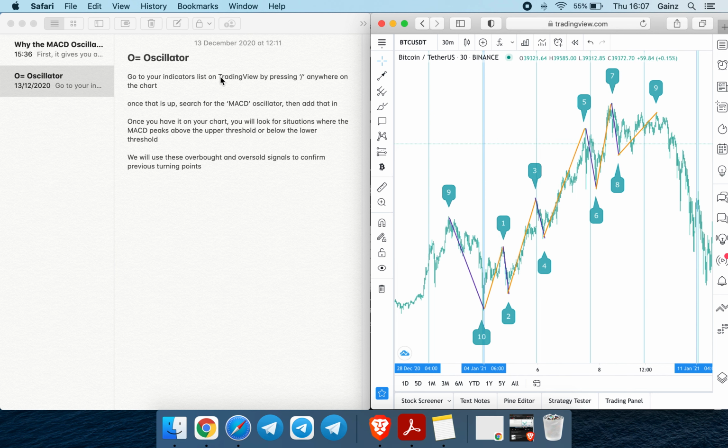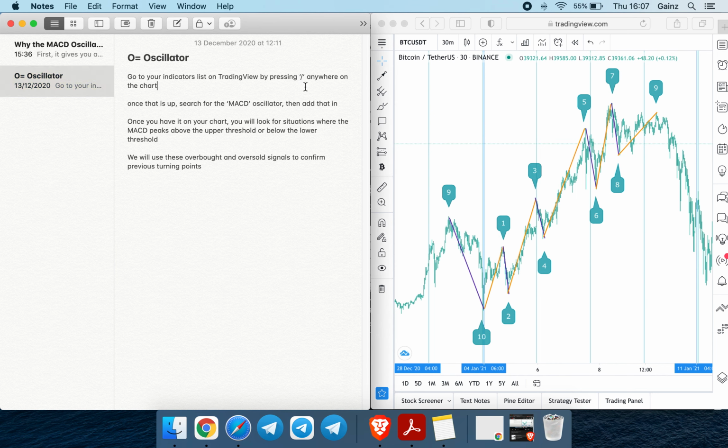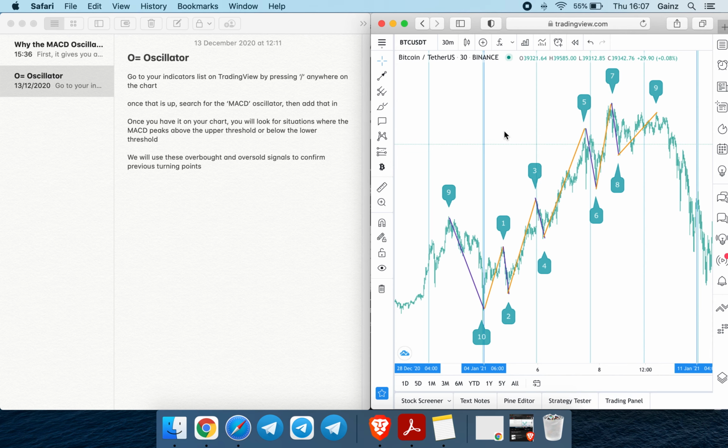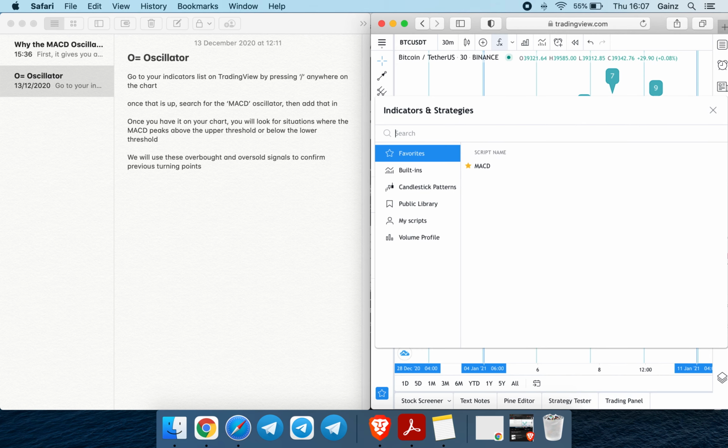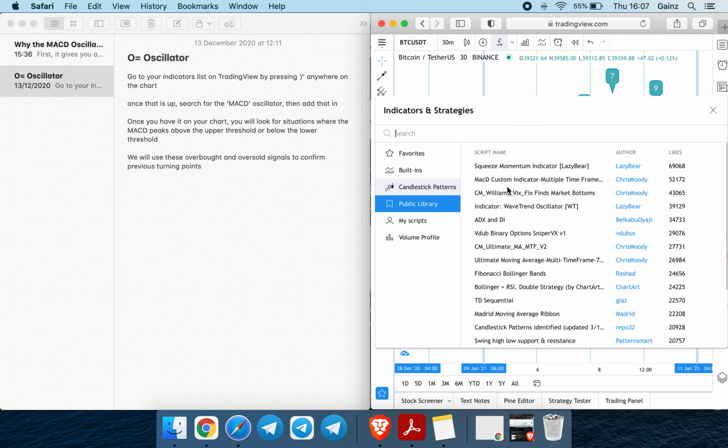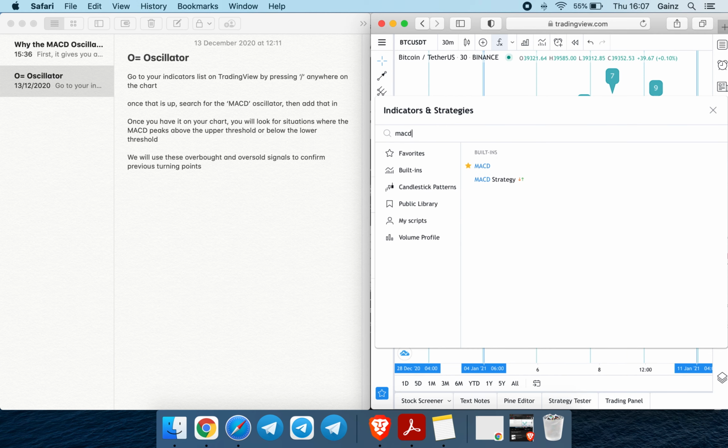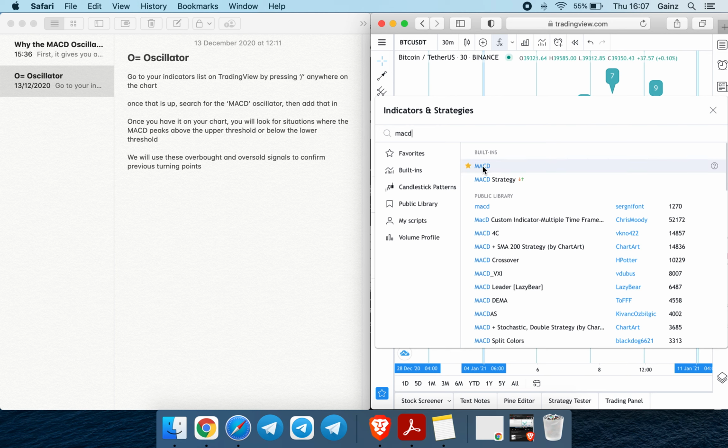So what you need to do is you go to your TradingView chart and you press the / button on your keyboard anywhere on the chart. So let's go to our keyboard, bang, hit that / button. Generally, you'll see the public library come up. In the search bar, you type MACD, and then you'll see it come through.